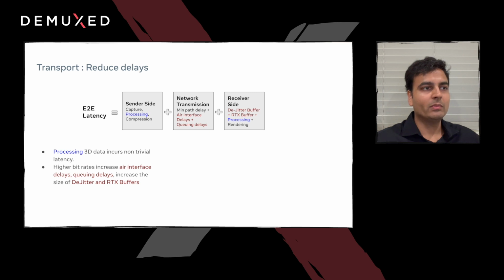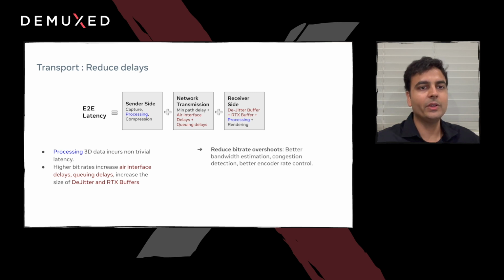The second problem unique to 3D calling is that it requires higher bitrates, which increase the air interface delays and queuing delays, and require you to keep larger buffers. So the problem of end-to-end latency is not unique to 3D video calling, but because of these two problems, it becomes more challenging. At first, it may seem like nothing much can be done here, but we can push the envelope in a few areas.